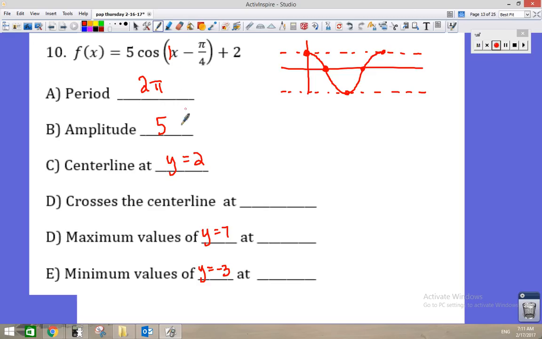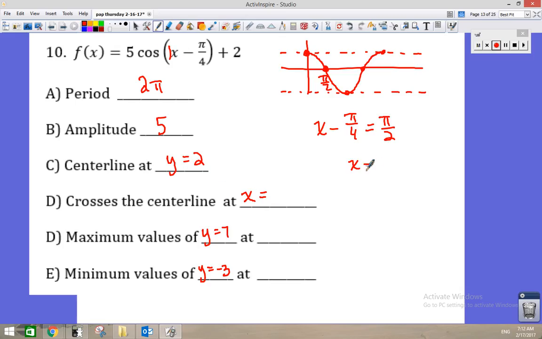Now, we have a shift here, so the graph normally crosses the center line at pi over 2. So if we're taking the cosine of pi over 2, we know that's 0, and we'd be 5 times 0 plus 2. So if we find the value of x such that x minus pi over 4 is equal to pi over 2, that input will cause us to be at the center line.